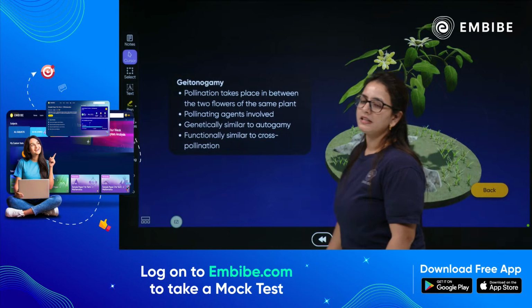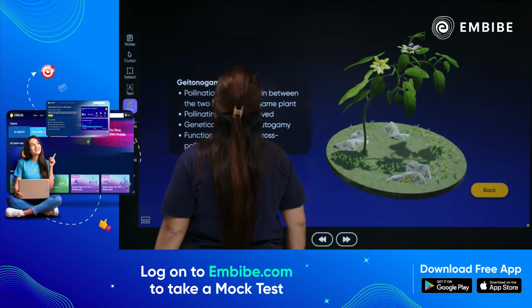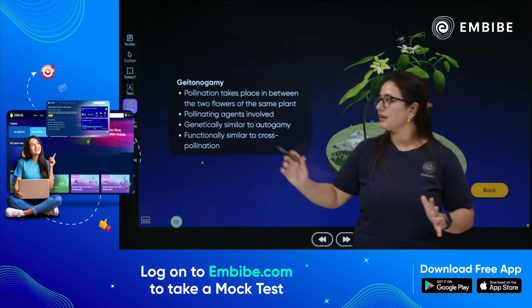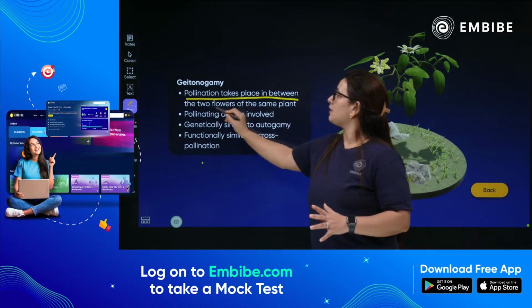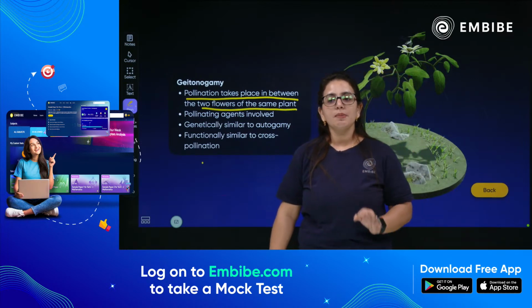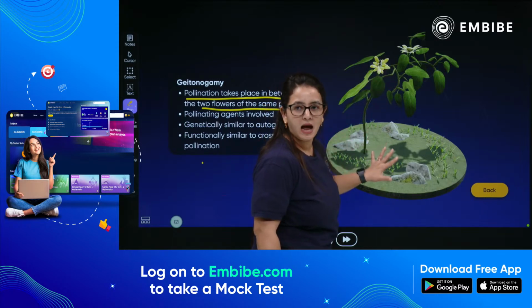So, talking about Geitonogamy, children, the detailed discussion of Geitonogamy. What is Geitonogamy? Simply, Geitonogamy is when pollination takes place between two flowers of the same plant. Can you see this? This is the same plant.